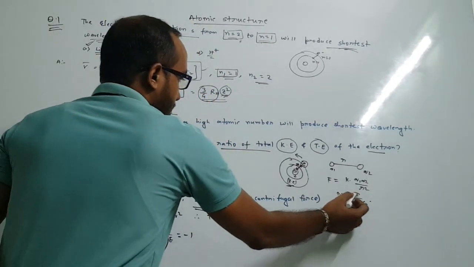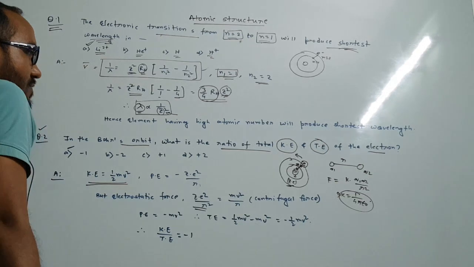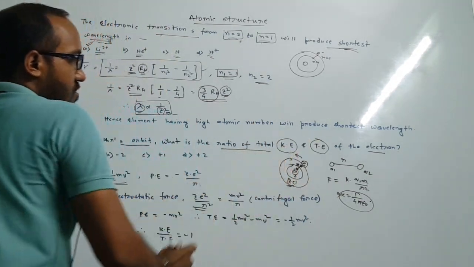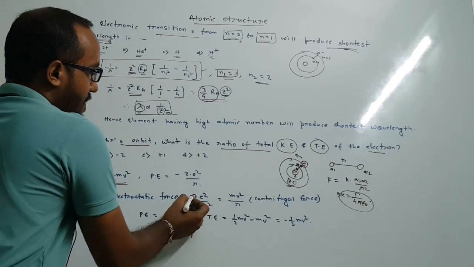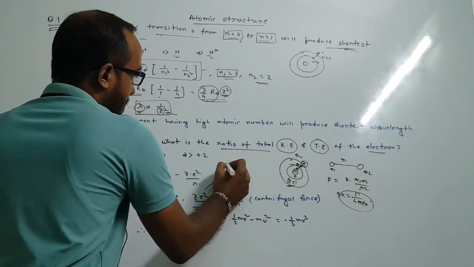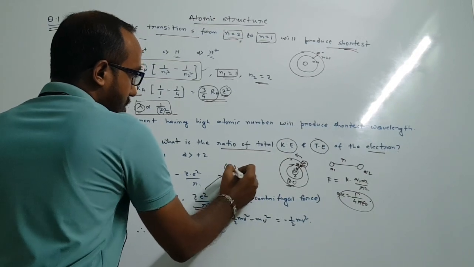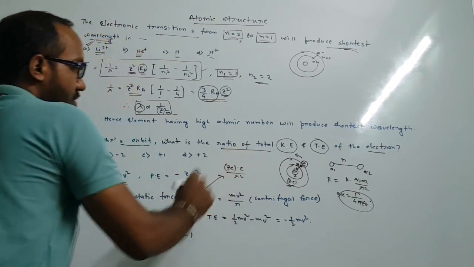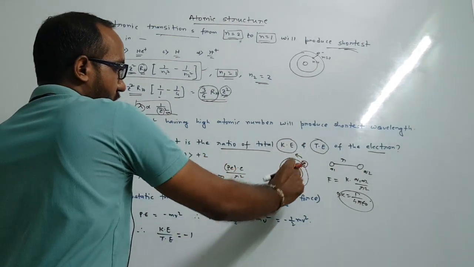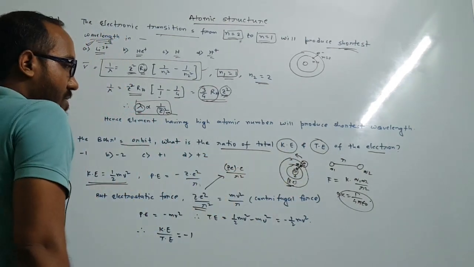If we omit this constant term, then the electrostatic force by which the proton attracts the electron towards itself would be q1 into q2 divided by r square.